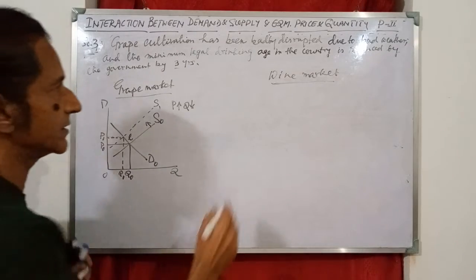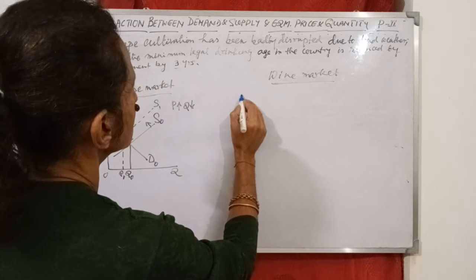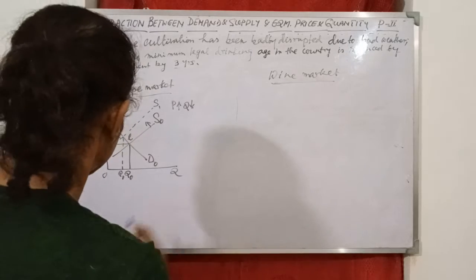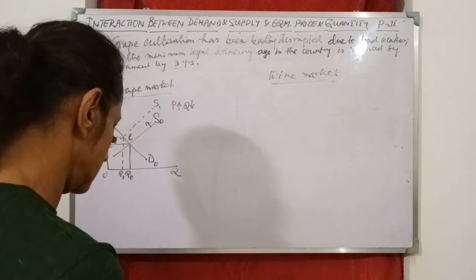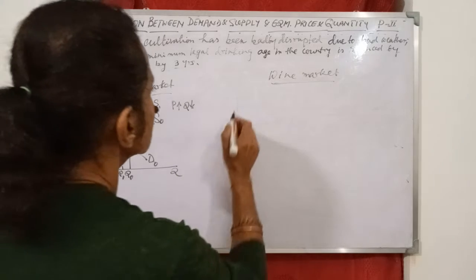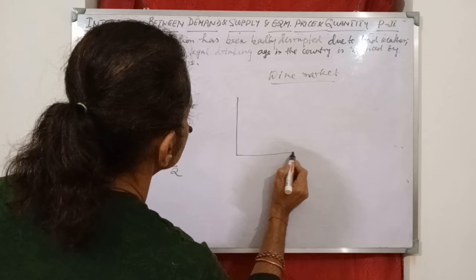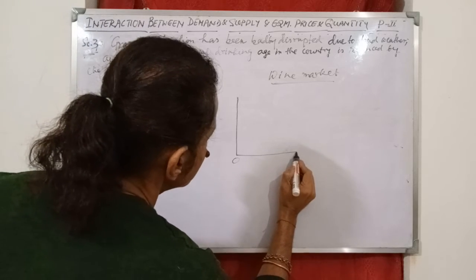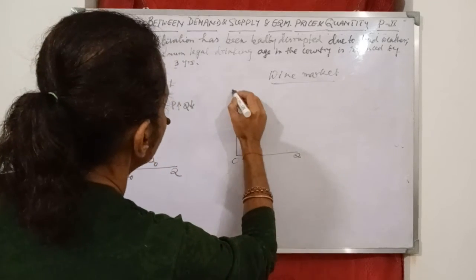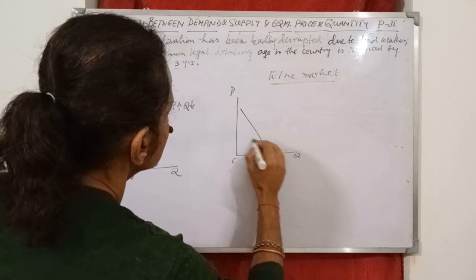Now come to the wine market. On the x-axis we measure quantity and on the y-axis we measure price.